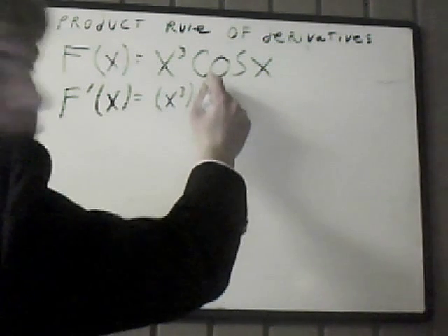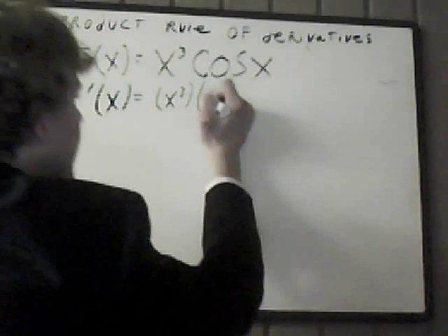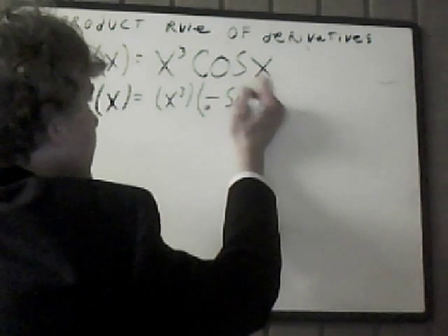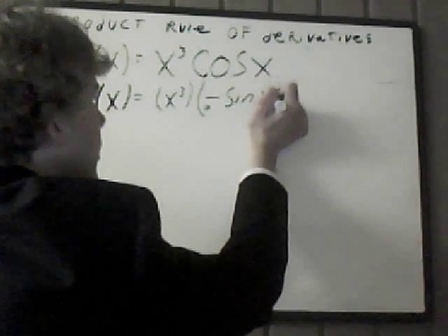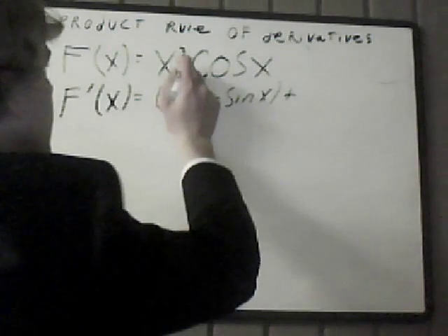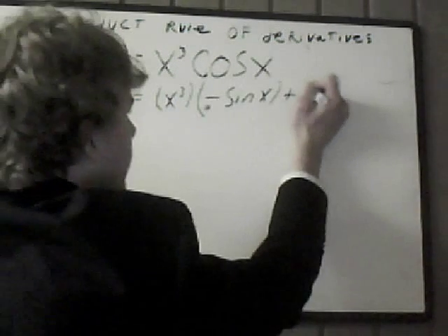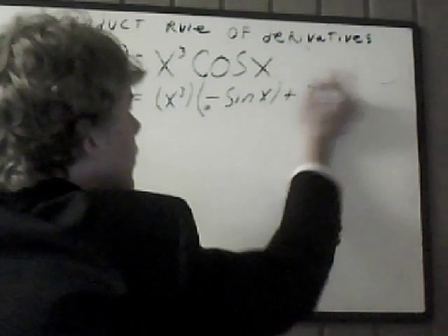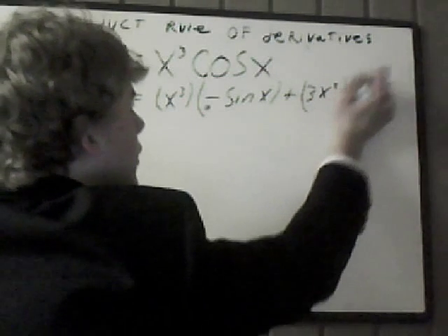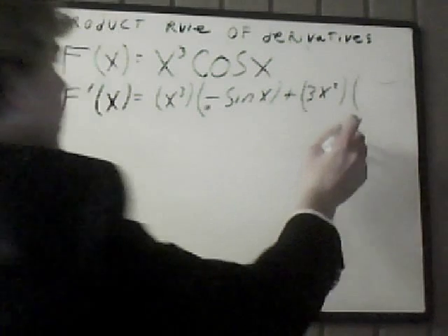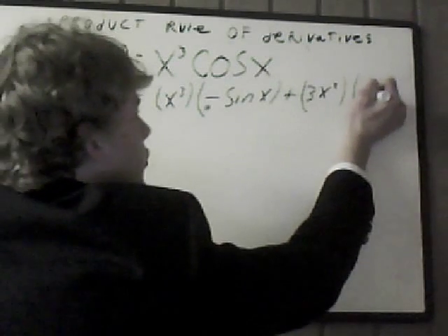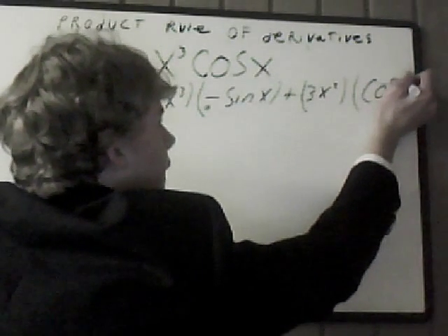If you remember, the derivative of cosine is negative sine, so it leaves us with negative sine x plus derivative of our first factor, so 3x squared, times just our second factor, so cosine x.